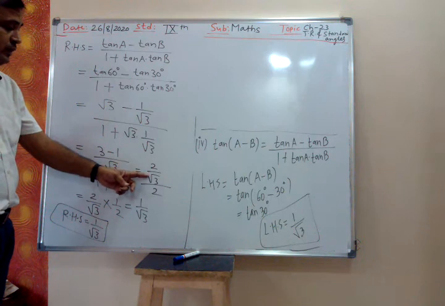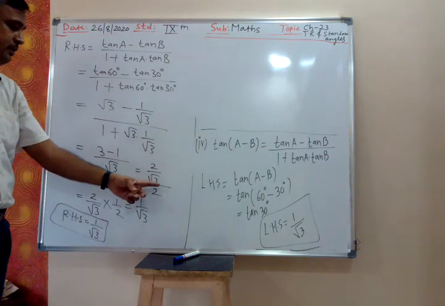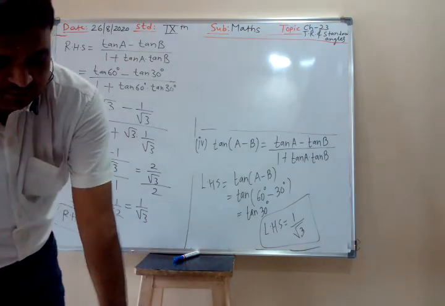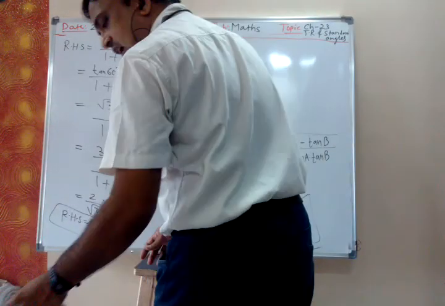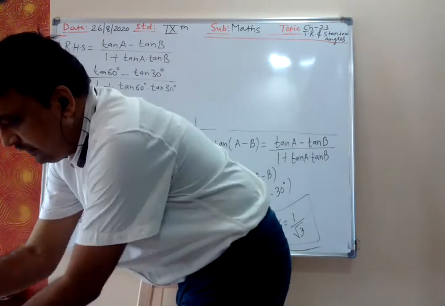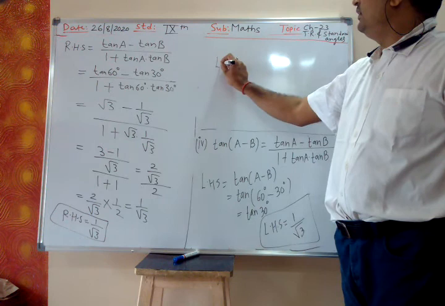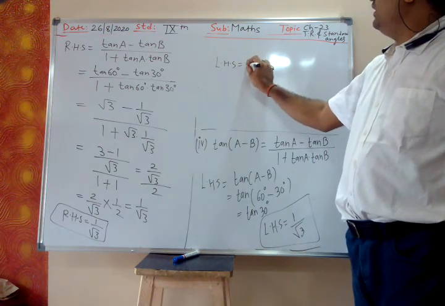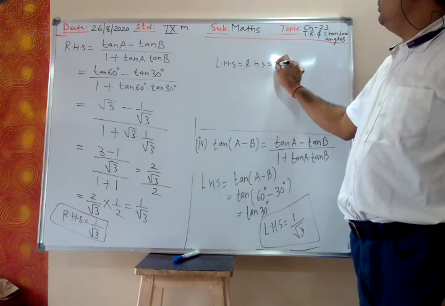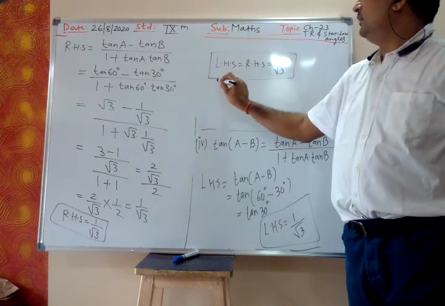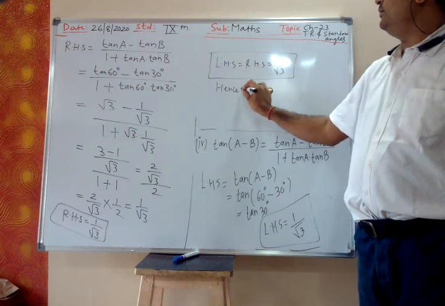Divided by 2 is same as multiplied by reciprocal. So left hand side is equal to right hand side is equal to 1 by root 3. Hence it is proved.